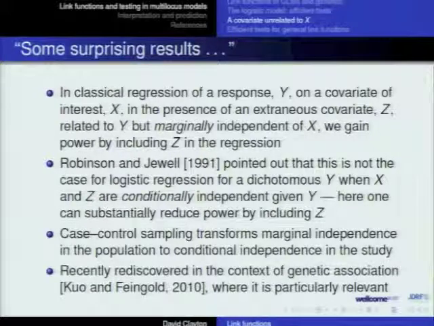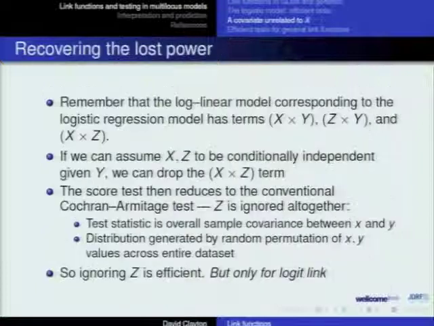Okay, so in genetics, this is actually far from being a rare situation. It's probably the most common situation that we're in. And the result has recently been discovered in the genetic epidemiology literature, and there have been several papers on the topic, the most recent being this one, which I've highlighted.